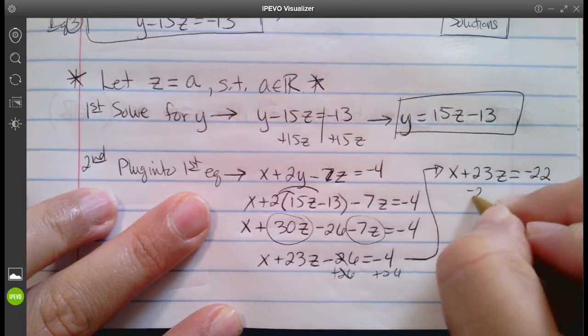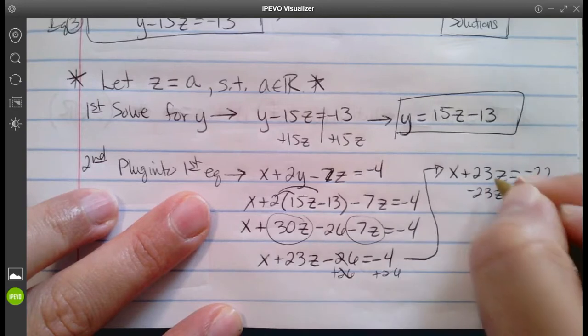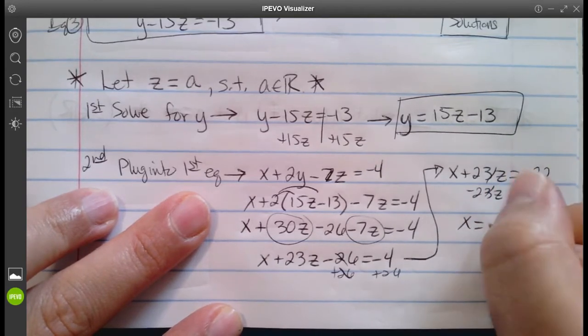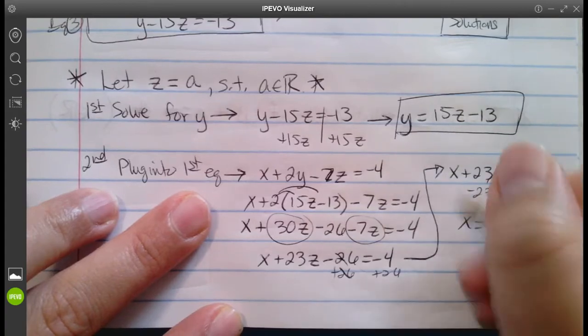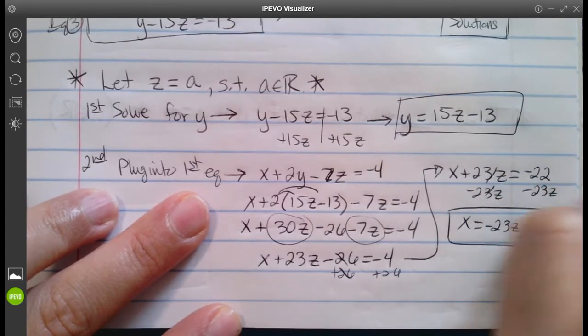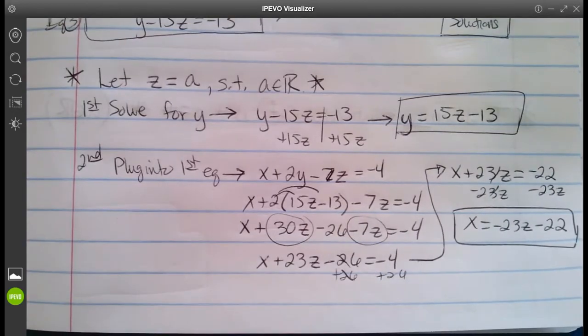Okay, let's move the z over, which gives us x is equal to negative 23z minus 22. All right, so what this does is it gives us some expressions in terms of z, because remember z is where we found that infinite solution.